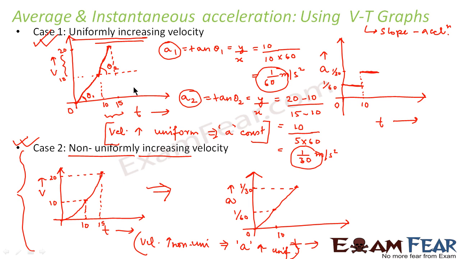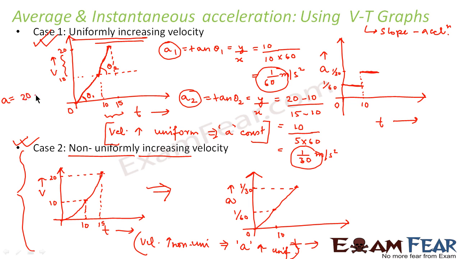Correct? Yes. So again, if we want to calculate the net acceleration for the entire journey, we will not apply the rule that A is equal to A1 plus A2. Instead, we will again use the same funda, that is net acceleration would be equal to the net change in velocity. So what is the net change in velocity? Initial velocity was 0 and the final velocity is 20.